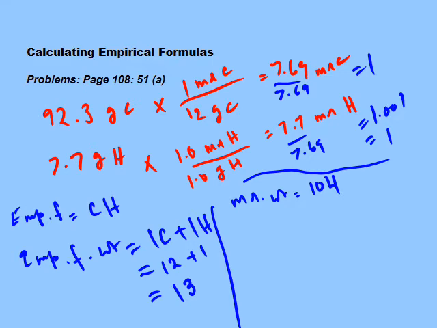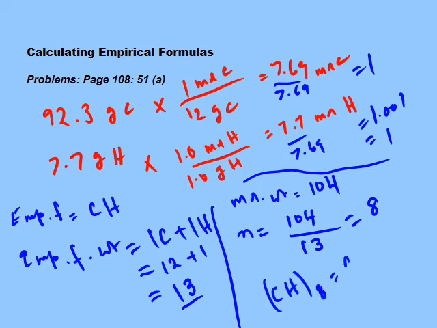So the multiplicative factor N equals molecular weight 104 grams per mole, divided by the empirical formula weight, which is 13, and that gives 8. That means I need to multiply the empirical formula by 8. So my empirical formula CH multiplied by 8 is C8H8. So this is my molecular formula.